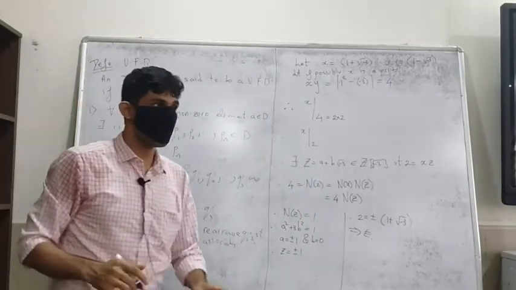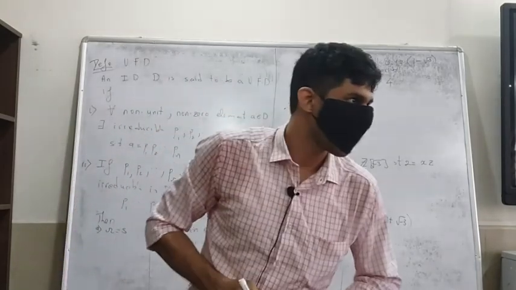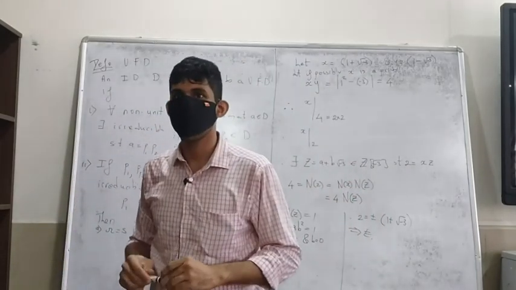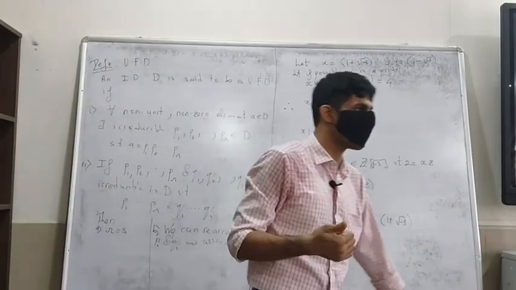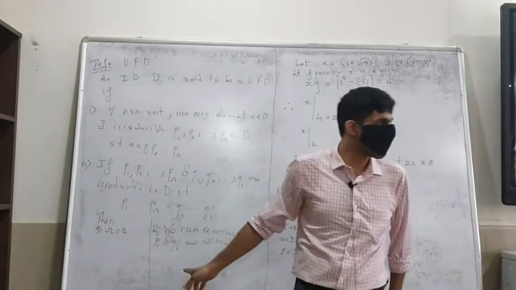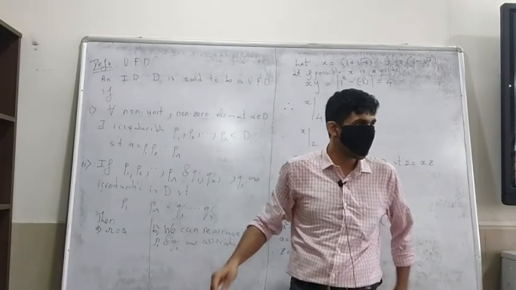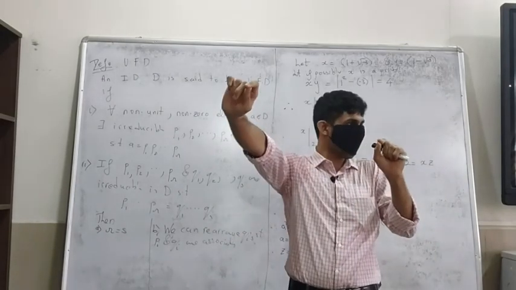Any examples of UFDs? Yeah. Z, right? That's the first example of a UFD. Is Z a UFD? Every integer we can write as product of primes.